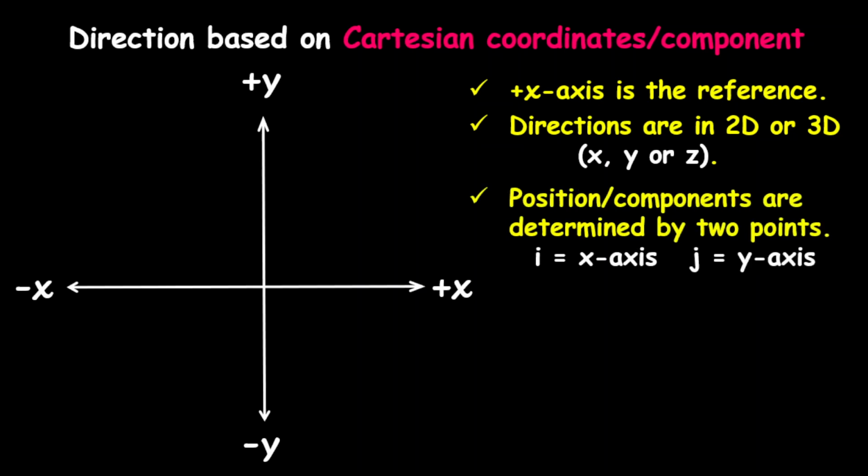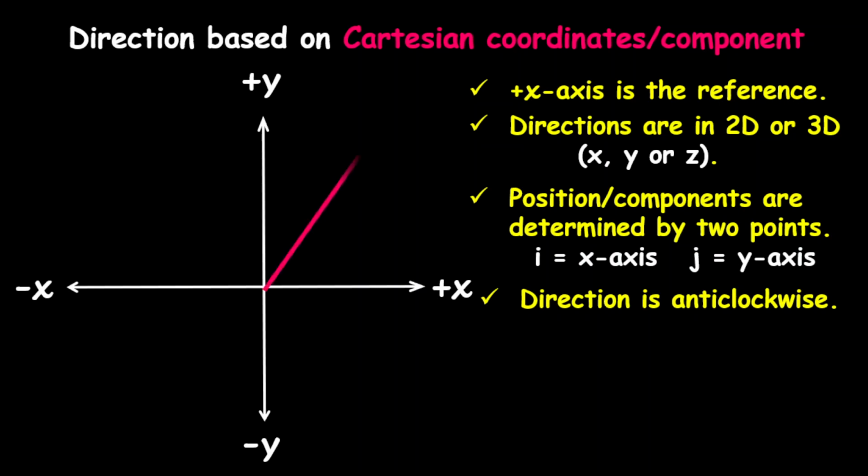So, the next point to note is that the position or the components are determined by 2 points, and for general advanced physics these are the x-axis and the y-axis. The x-axis is represented by i, and the y-axis is represented by j. Now the direction is anti-clockwise from the positive x direction.